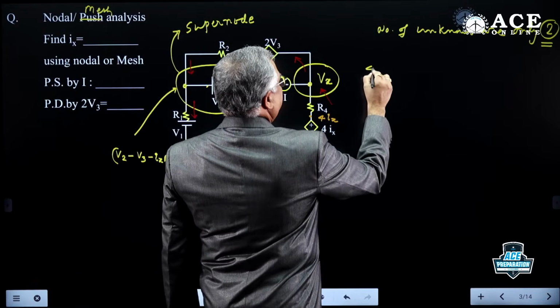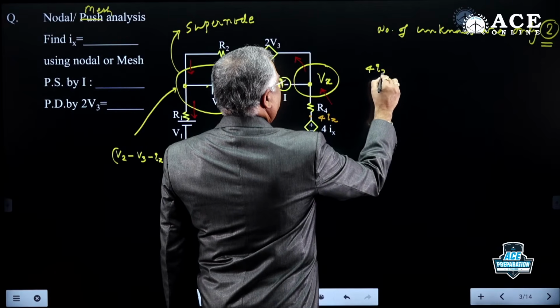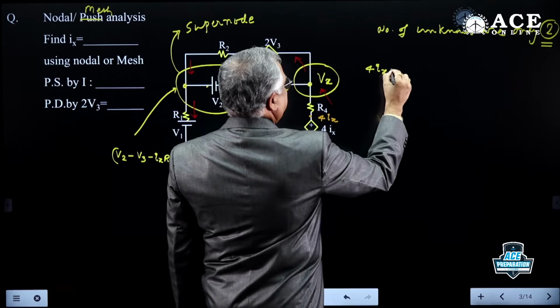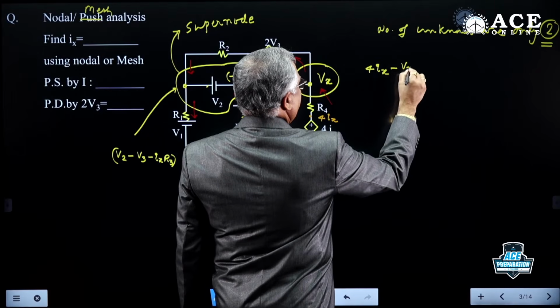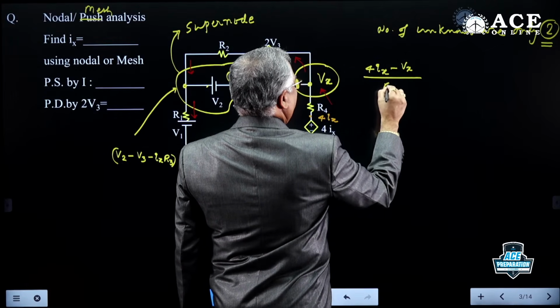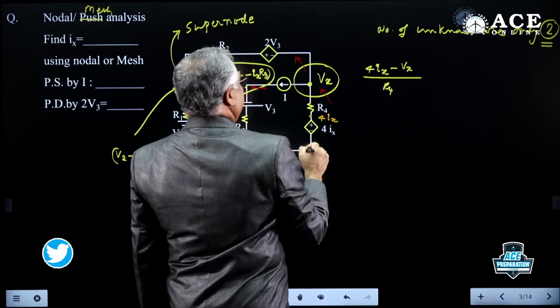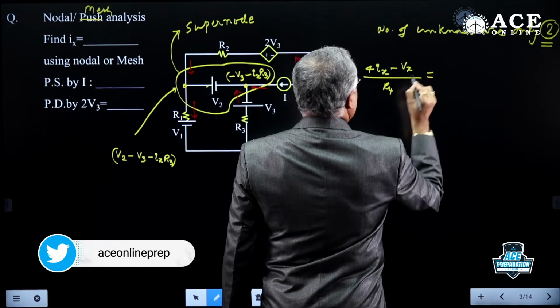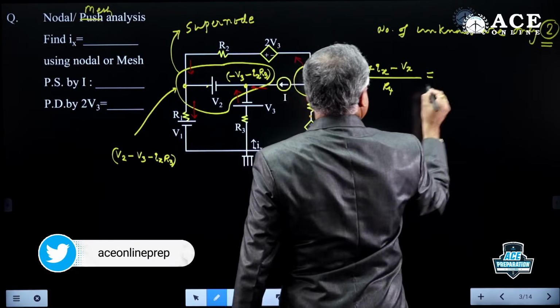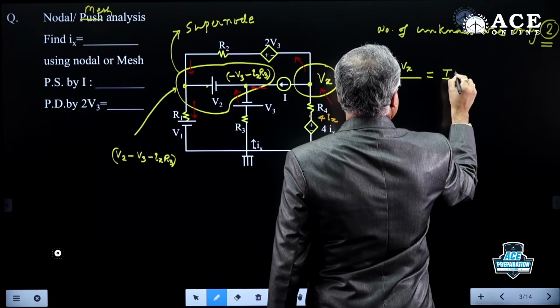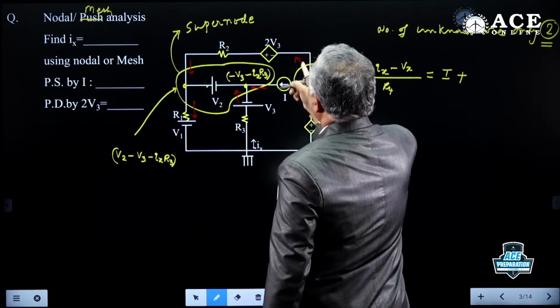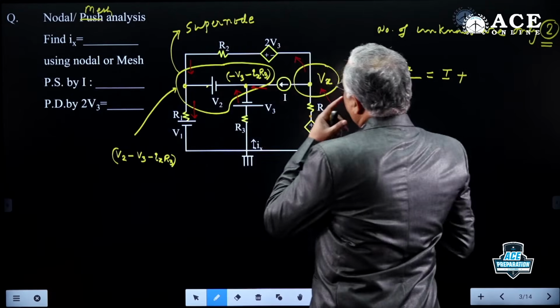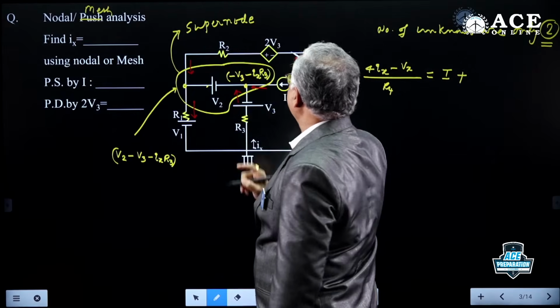So equation: 4Ix minus Vx by R4 is the current entering, is equal to current leaving, I is leaving, plus this current is leaving. So what is this current? How to write this?